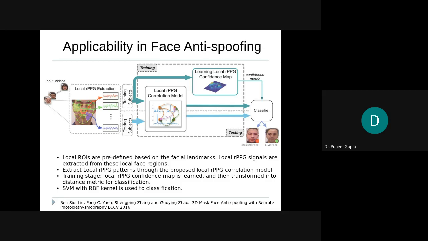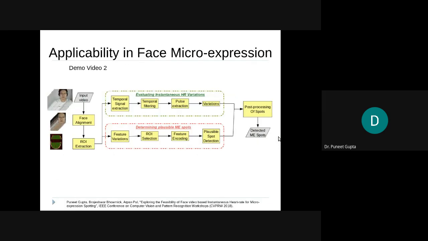That's the intuition people have used. So they extract these temporal signals from different regions, find the correlation model between them, and give it to a classifier to figure out whether a person is spoofed or not. Lots and lots of different algorithms are based on this strategy.